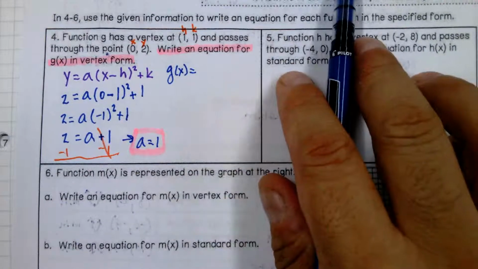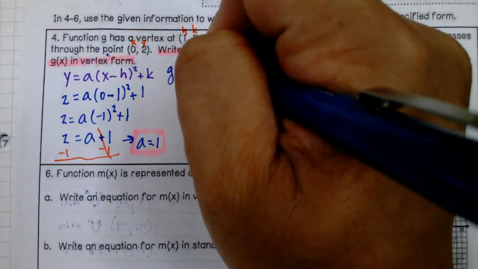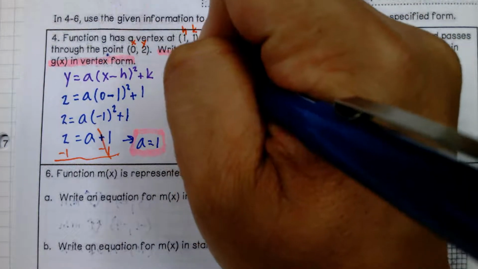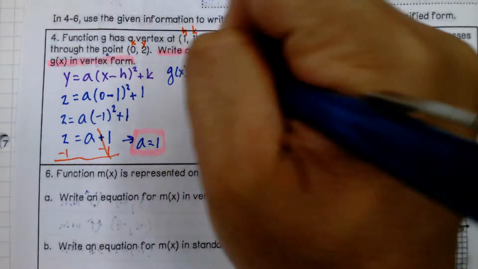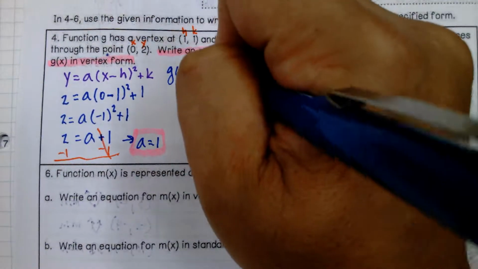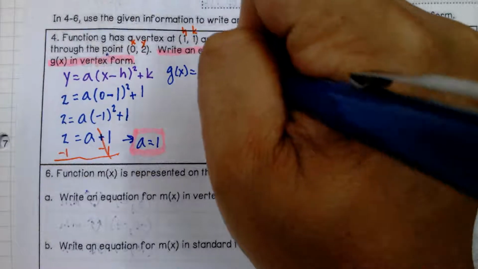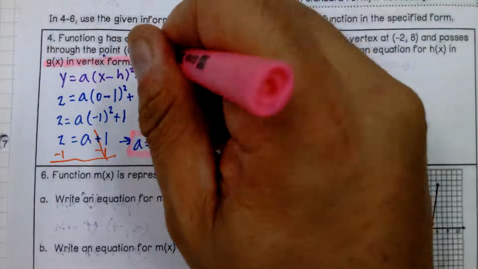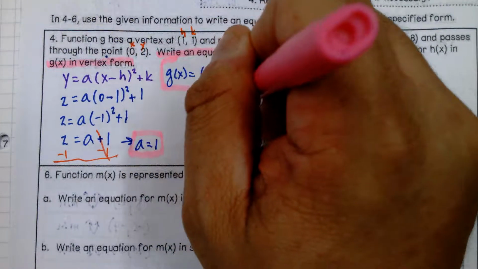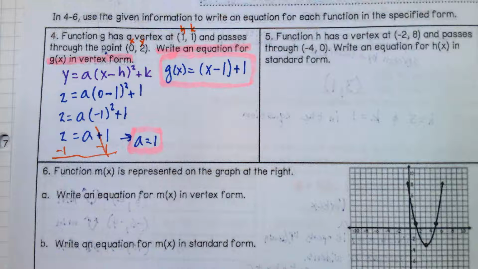Where a goes, what should I put instead of a? 1. So I can put a 1 or leave it blank. And then x minus, what was my h value? 1. And then what was my k value? 1. There's my answer in vertex form.